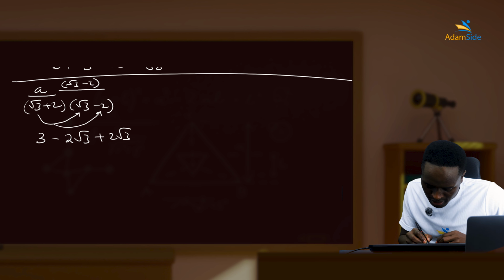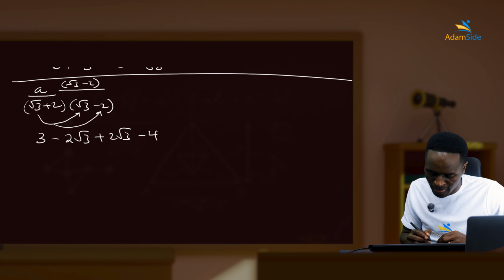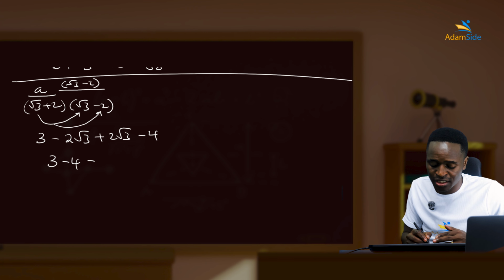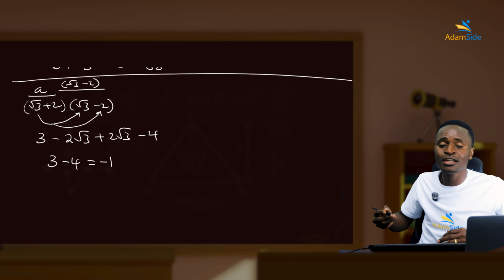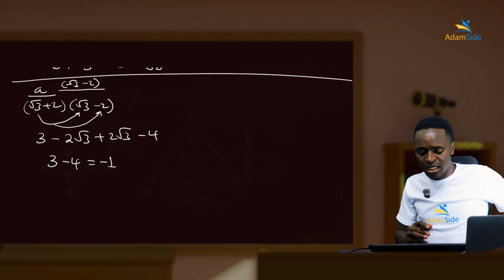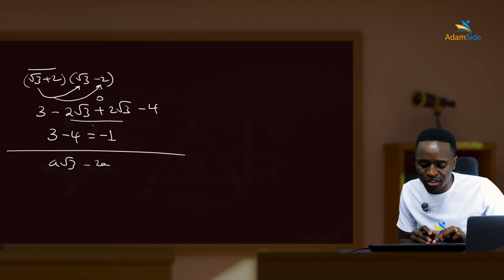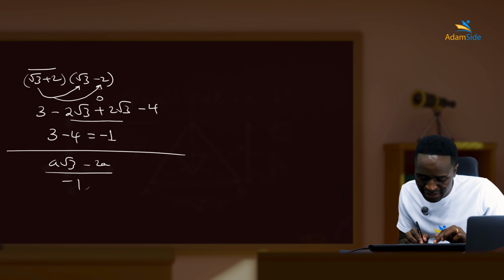Then 2 times root 3 is plus 2 root 3. Then 2 times negative 2 is minus 4. We did on the previous lesson that when adding surds, you can add the coefficients. So negative 2 root 3 plus 2 root 3 simplifies to 0, and you have 3 minus 4, which is negative 1.